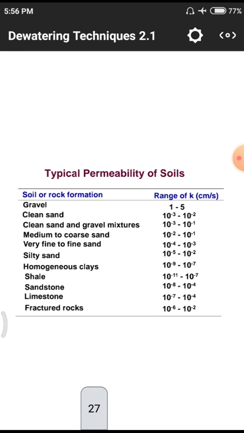Typical permeability values: different soils have different permeability levels. So for gravel, what is the range of this K value, and for different soils: clean sand, medium coarse sand, homogeneous clays, shales, sandstones, limestone, fractured rocks. Why? Because we are having different coastal areas with different river basins and other things. Each river has some amount of flowable properties.